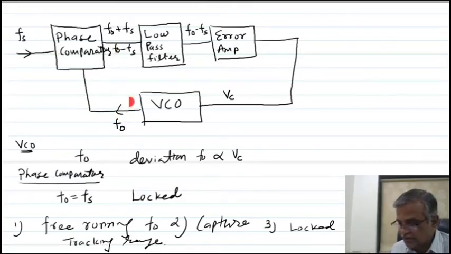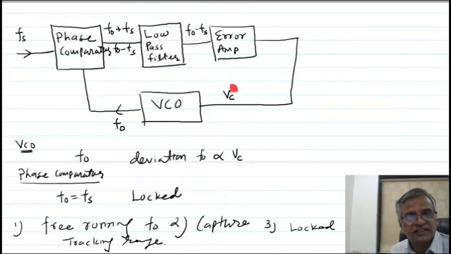Once this compares, FO minus Fs is produced, and the high frequency component is removed. So the error amplifier produces the error voltage, a DC voltage with a small beat frequency FO minus Fs, and this changes FO and tries to reduce the difference between these two, and this process continues.